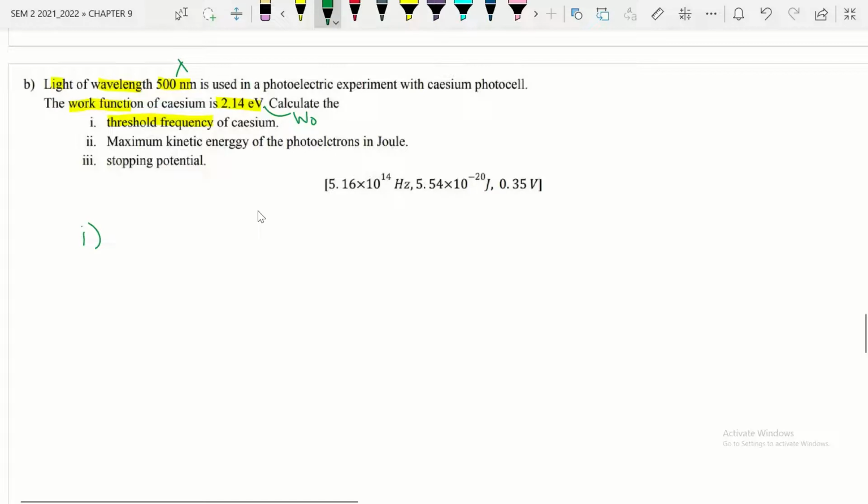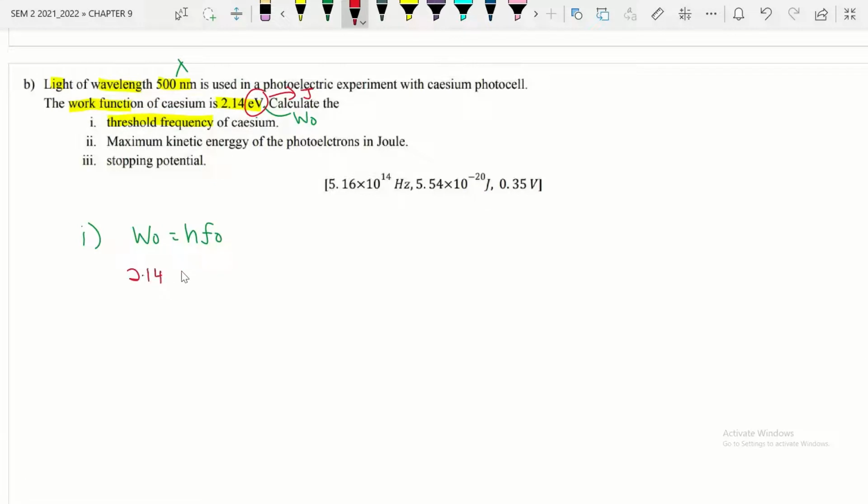So, bila dia minta kita cari threshold frequency, you all dah tahu kita boleh pakai je formula work function. So threshold work function equals to Planck constant darab dengan threshold frequency. Our work function dalam electron volt, so please change it to joule.